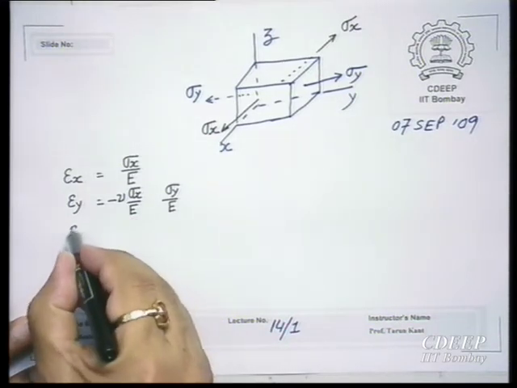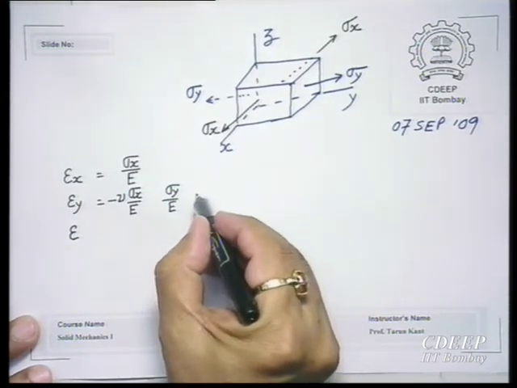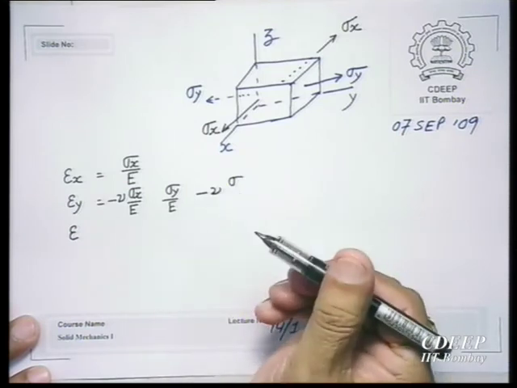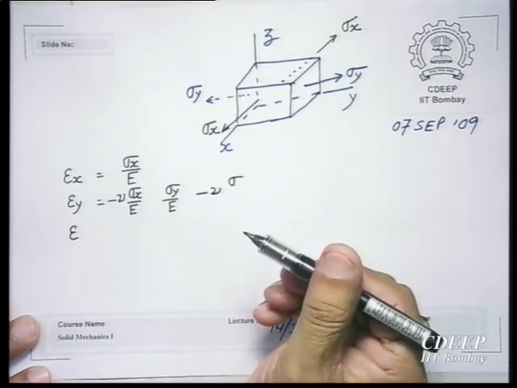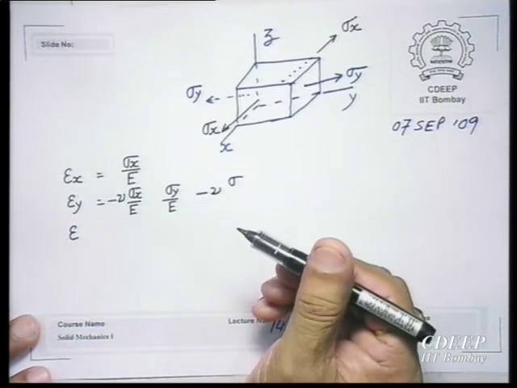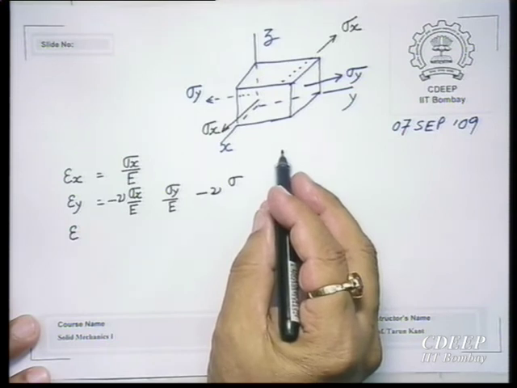There will also be a negative strain in z direction.